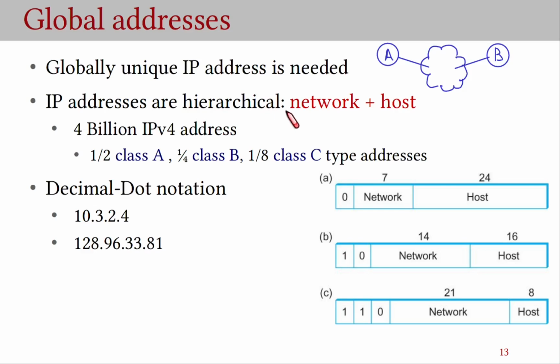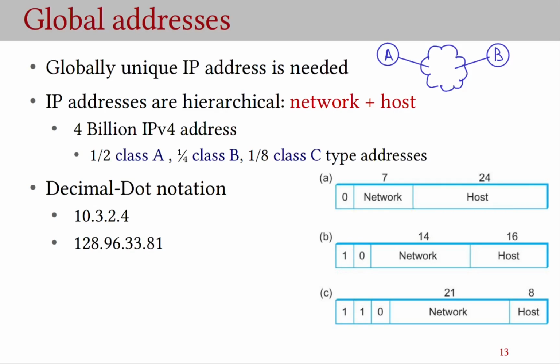Every IP address has two parts: a network address part and a host address part. The network address identifies a particular network, and the host address identifies a particular host within that network. Since all in all we have 32 bits for an IP version 4 address, there are about 4 billion IP version 4 addresses.